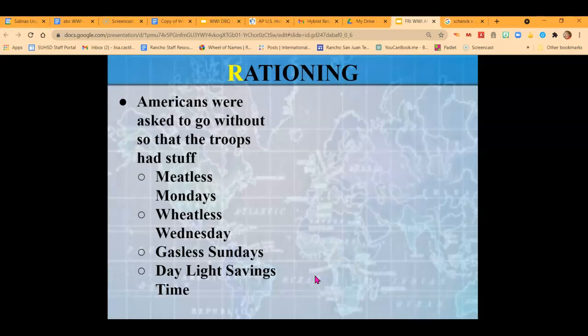So we had things like meatless Mondays, wheatless Wednesdays, gasless Sundays, and we all hate it now, the creation of daylight savings time, so that the time on the clock matched the sun in the sky, so that businesses would be able to run without using electricity because they were open later in the day. So rationing. Americans were asked to ration. Other countries were too. This was not something uniquely American.